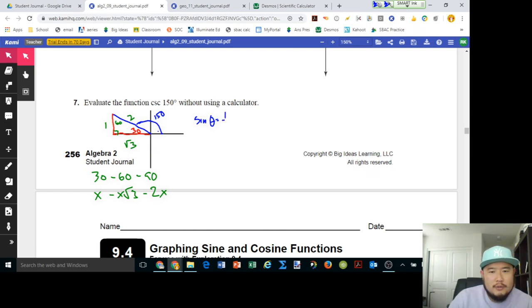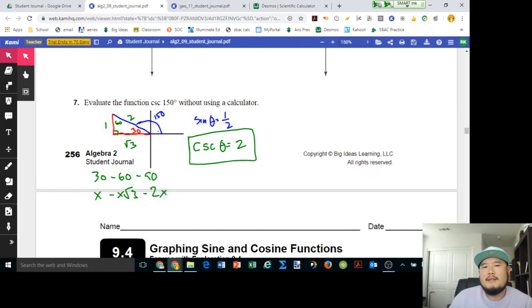That's 1 over 2. I'm using sine theta because I know that that is the inverse of cosecant. And so I can say that cosecant theta is equal to the inverse of that, which is 2. And that right there is your answer. And that's how you do it without a calculator. All right, just that simple.